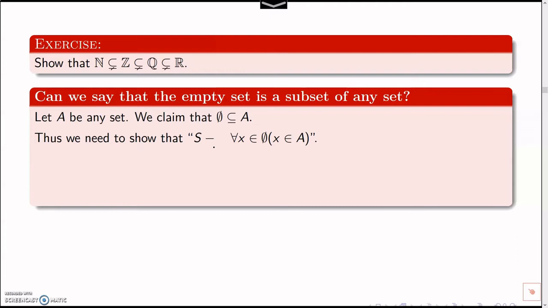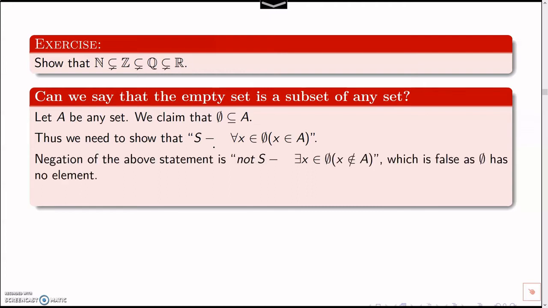Now if I want to show that this statement is true, one of the ways to do that is to show that its negation is false. So we consider not A. How do you negate this? There exists x in the empty set such that x is not in A. This is a false statement because it says there is a point x in the empty set, and we know that the empty set cannot have any points.